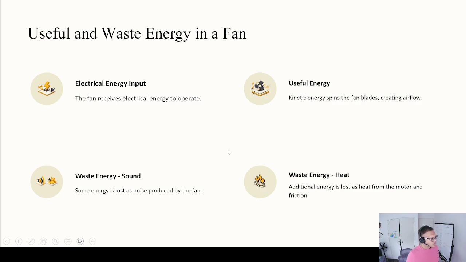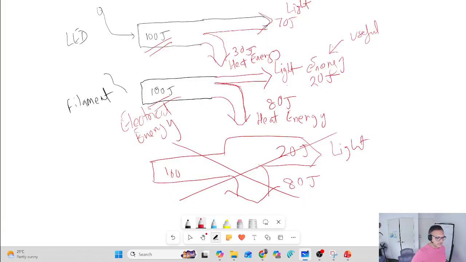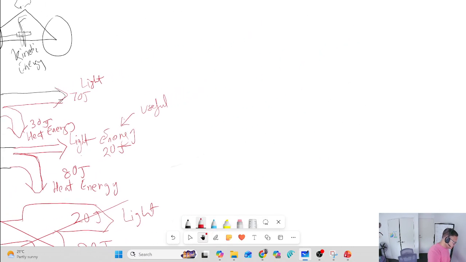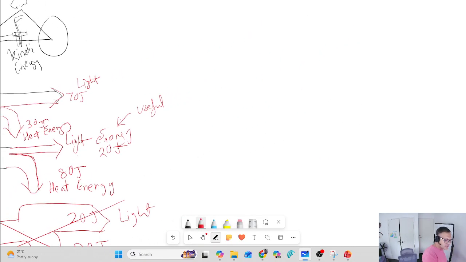Okay. So similarly in a fan, if you have to draw a Sankey diagram of a fan, let's quickly do that also. Okay. So this was for LED. Let's go here. And a fan takes electrical energy, right? And a fan, you plug it into electricity.